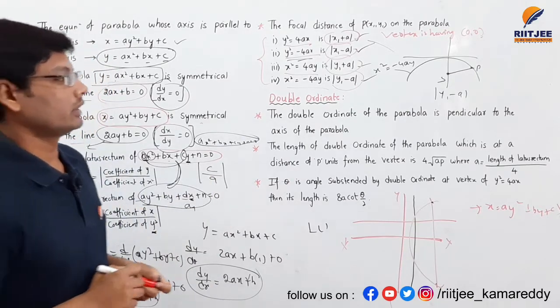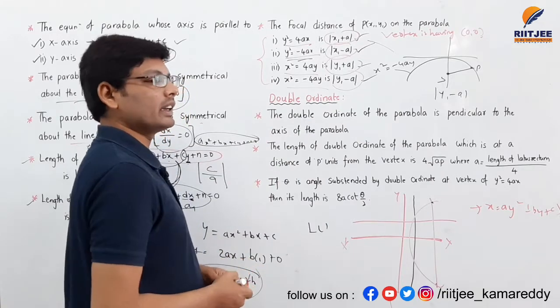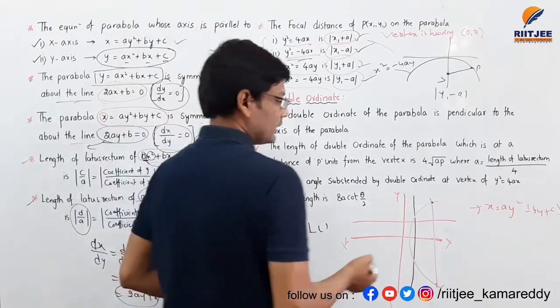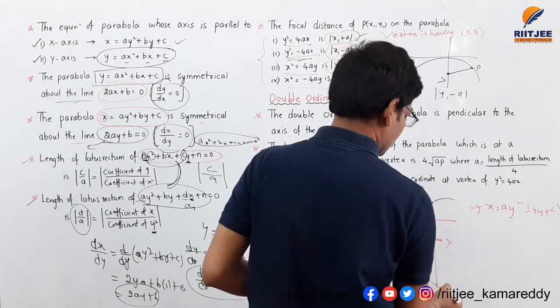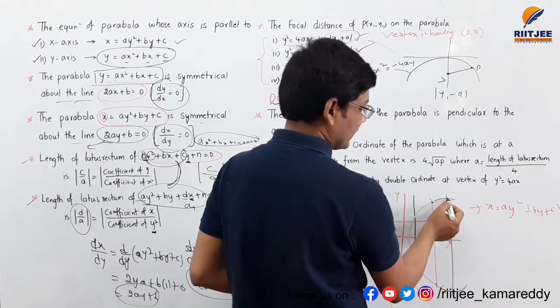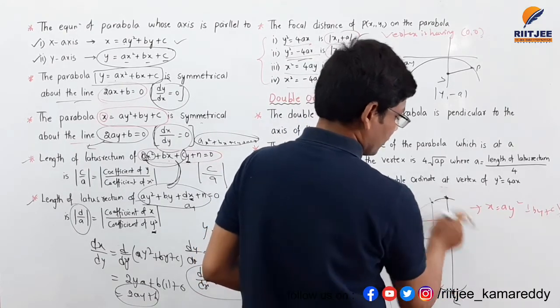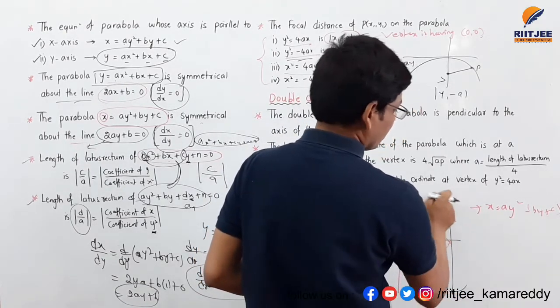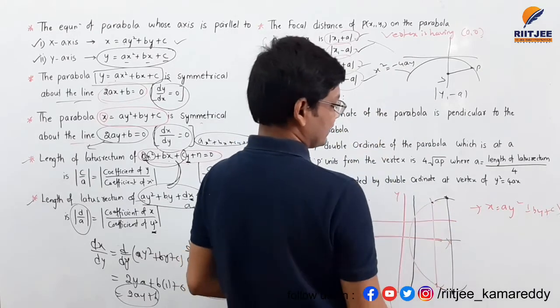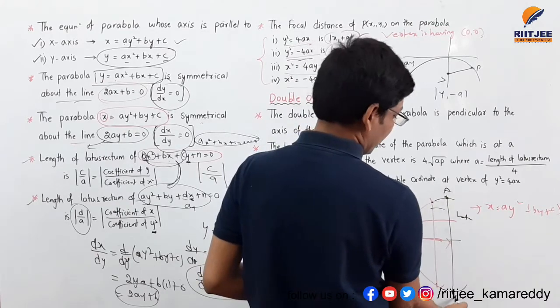And the next topic is the double ordinate. A double ordinate is a chord of a parabola, a line intersecting the parabola at 2 points. This is not L dash; L dash is the latus rectum. You can take any values here.